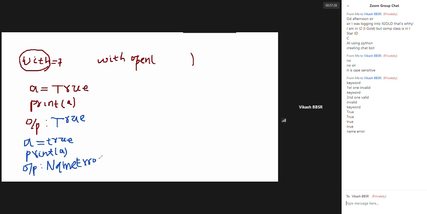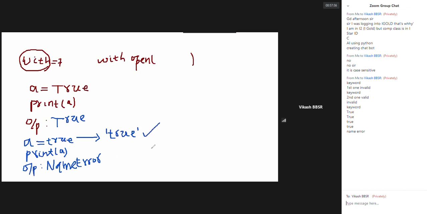So how to correct it? The capital T is not there, so it is not a keyword. If you write it like this, then it is true.